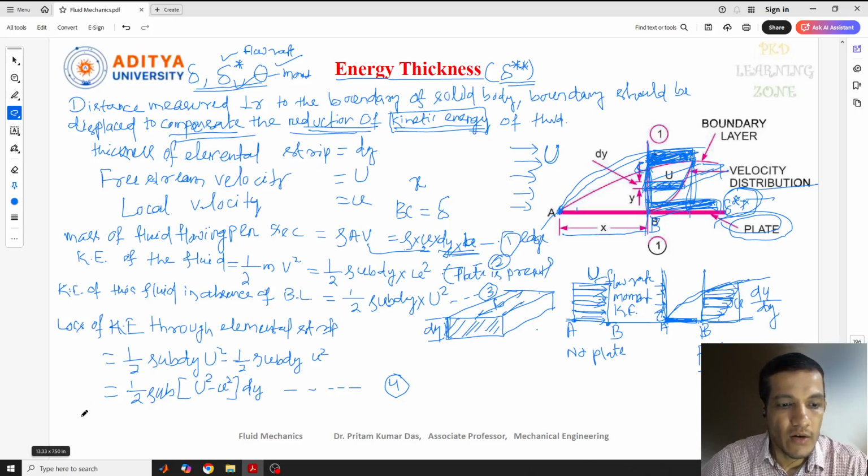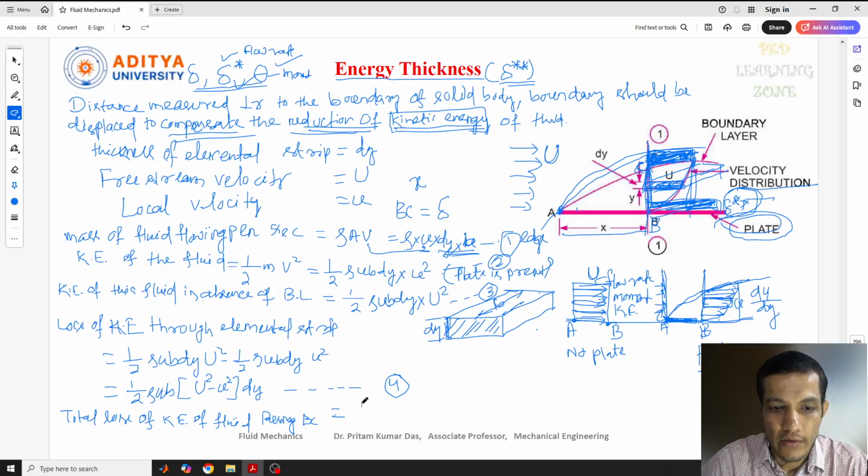Now to find the total loss of kinetic energy of the fluid passing through BC, we just integrate this.